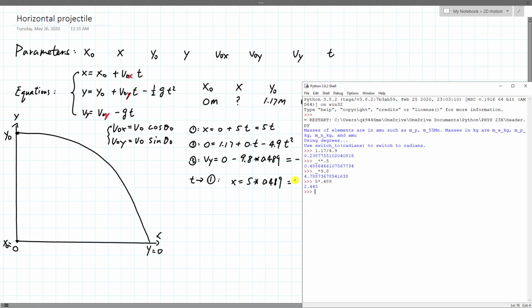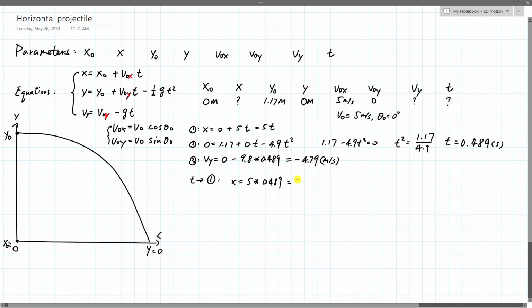So 2.445. If I round to even, 2.44. Okay, so I finally found all the things I could find. The final y velocity was calculated, the final horizontal distance, and also the time of flight.